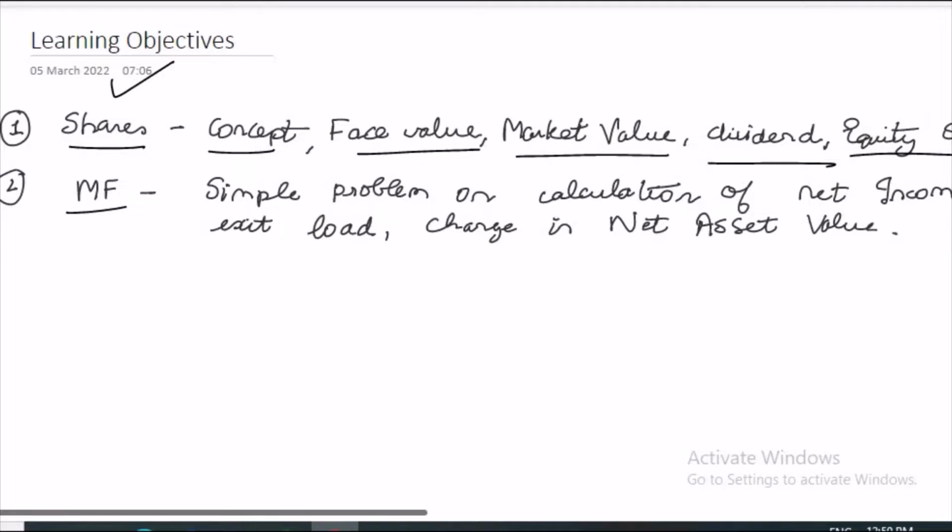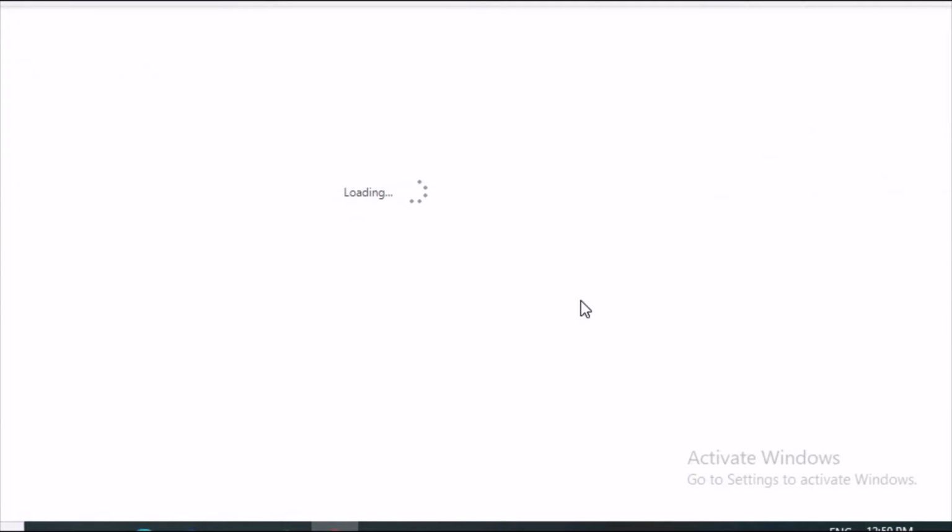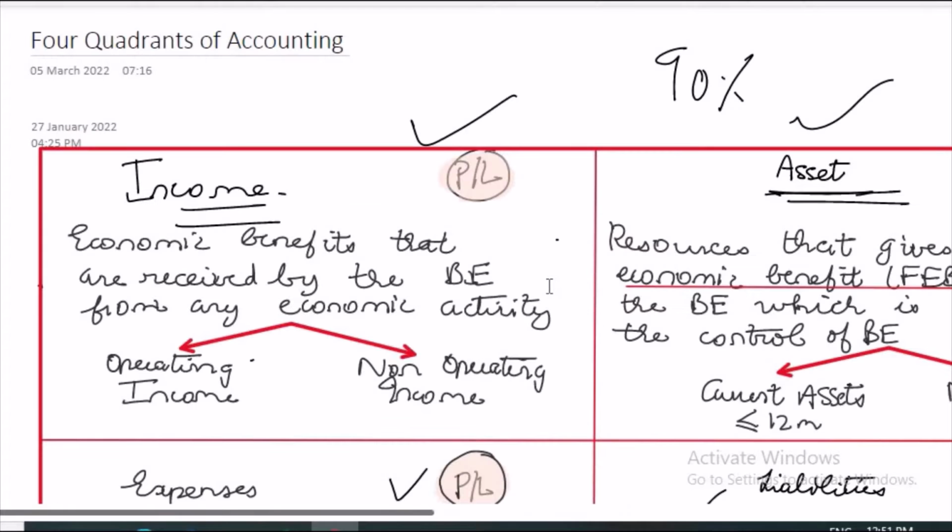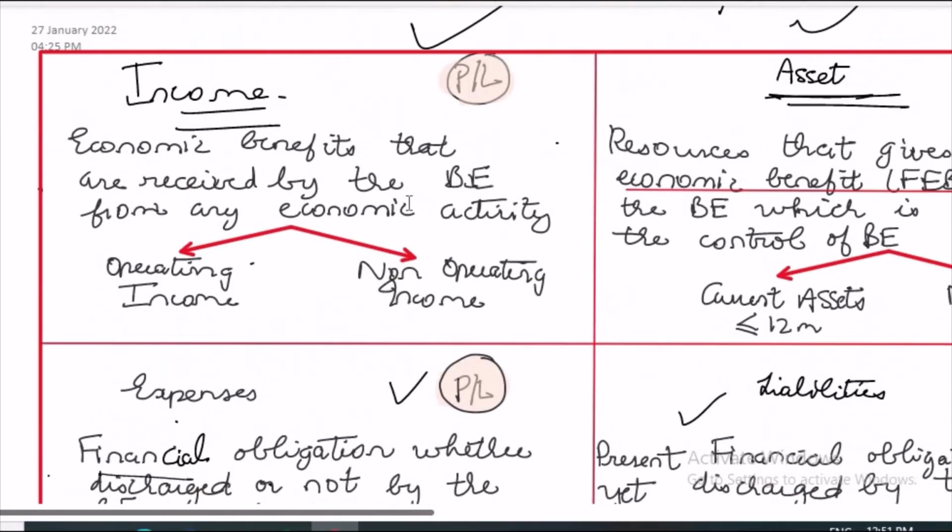Next, we are going to learn the four quadrants. The first is income: economic benefits or earnings received by the business from any economic activity.